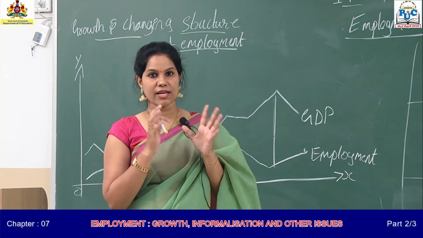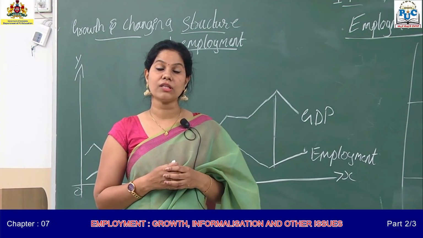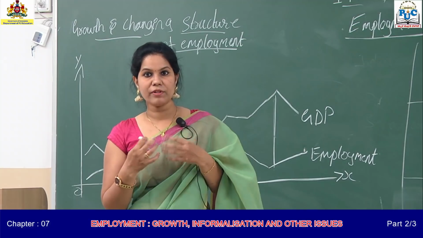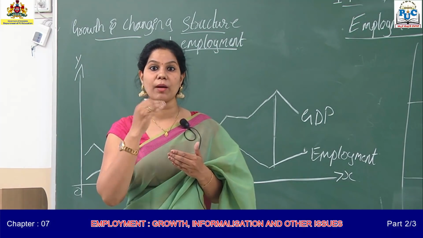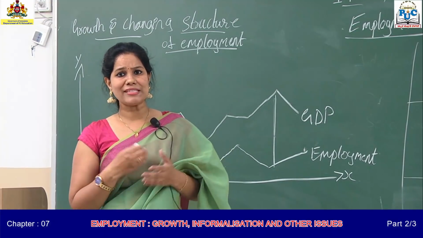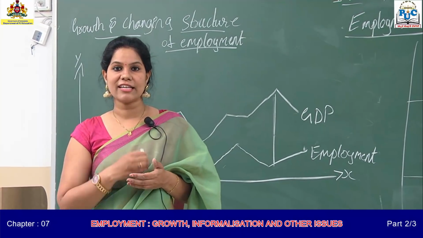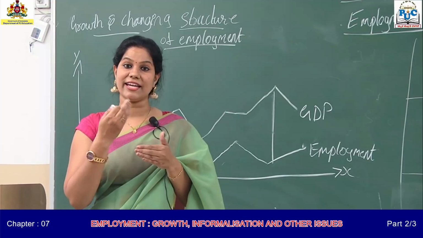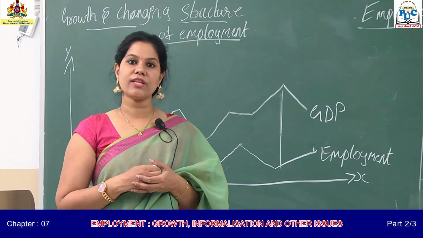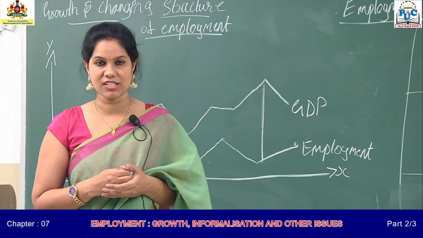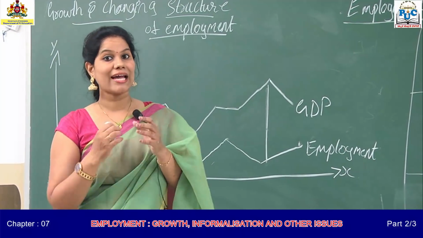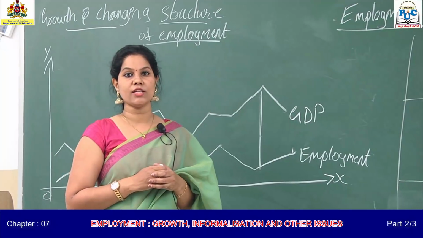GDP and employment are interdependent. Some economists say GDP is increasing, and because of that employment got created. Others say employment got created, and that is why GDP is increasing. Both are right. We cannot say which is the cause and which is the consequence. They are both reasons and both consequences.